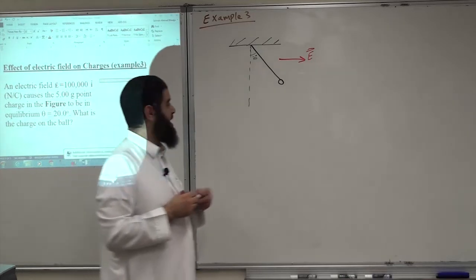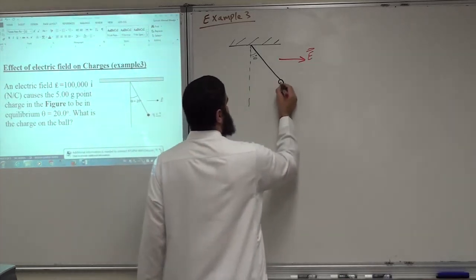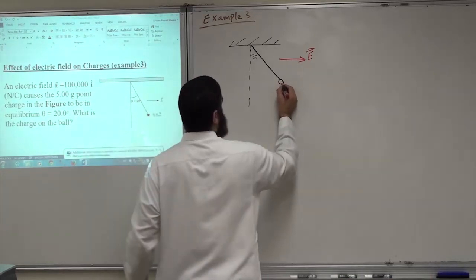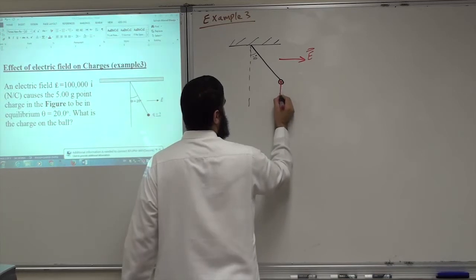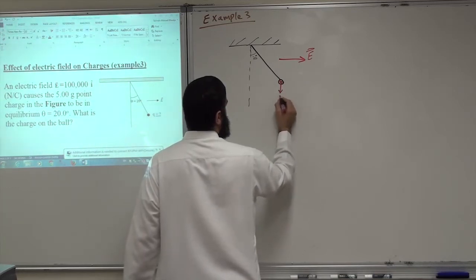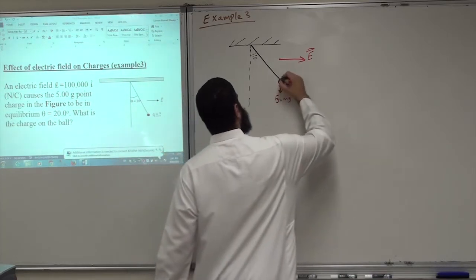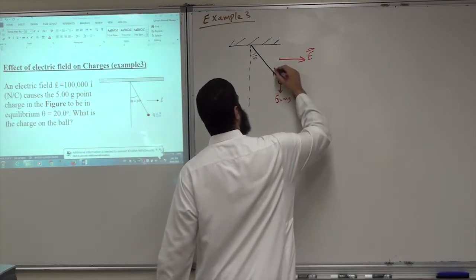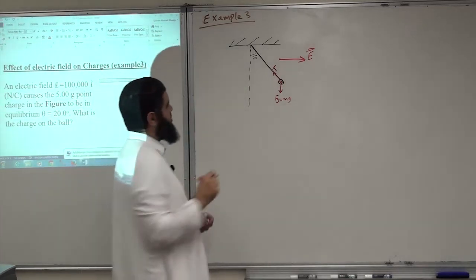What are the forces acting on this charged particle? We know that it has a mass which is 5 gram, and it is affected by Fg, the gravitational force. So we have Fg equals mg in this direction, and there is a tension in this string, so there is tension here. What else?